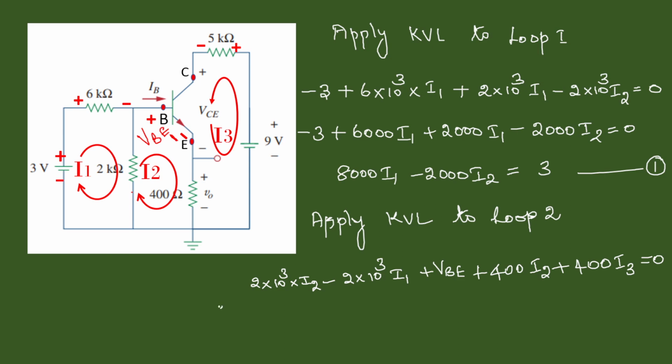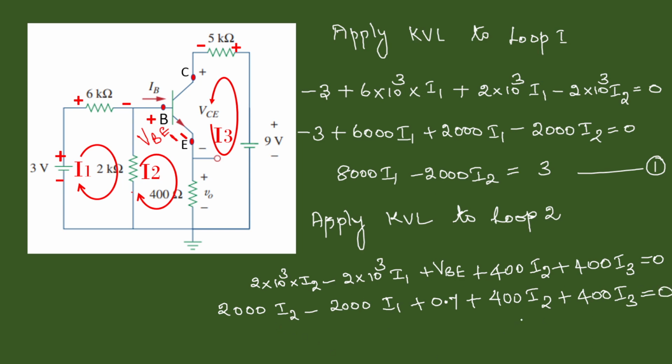Now if I expand this, it is 2000 I2 minus 2000 I1 plus VBE, which is 0.7 volts, given in the problem itself, plus 400 I2 plus 400 I3, that is equal to 0.